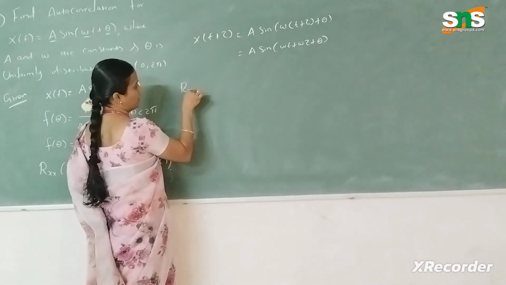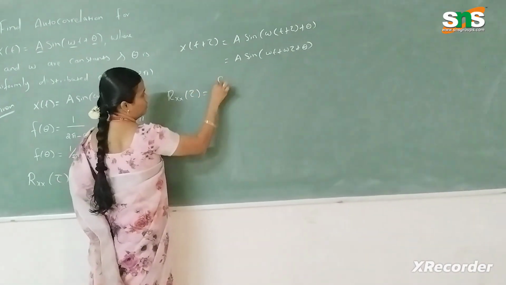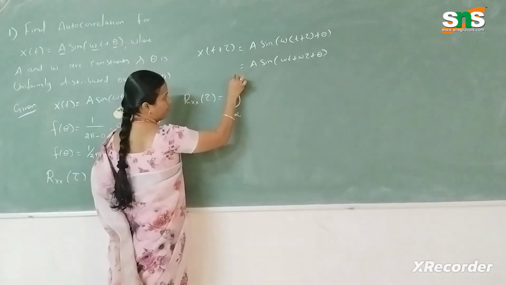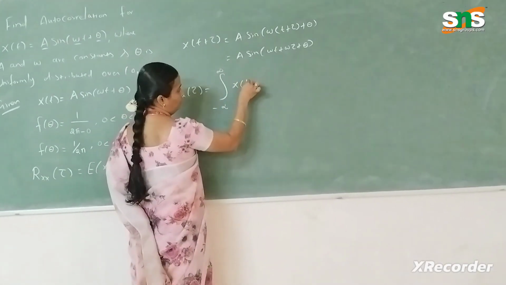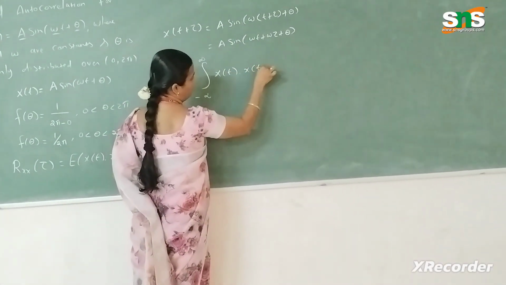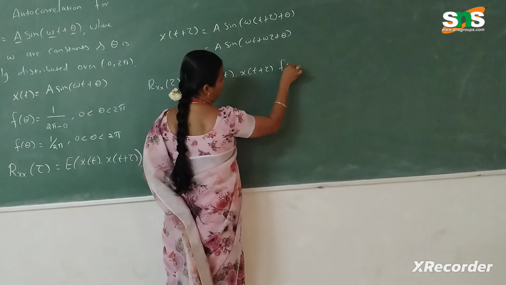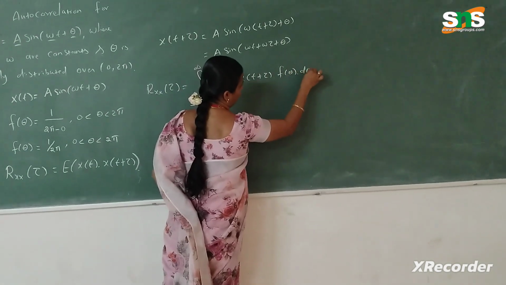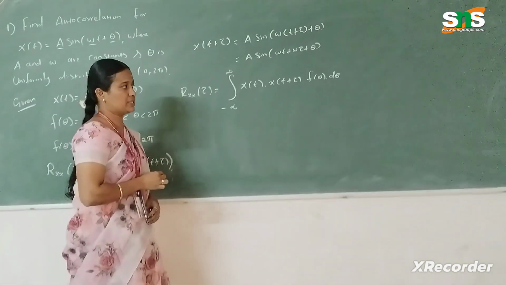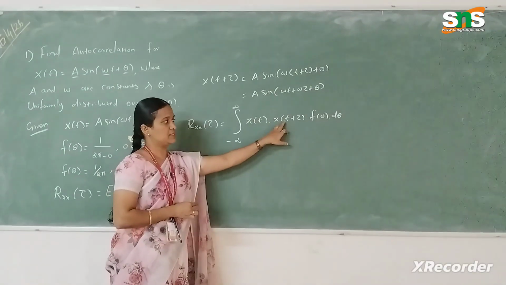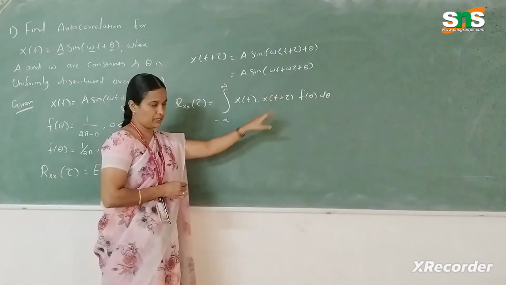Next I am going to calculate Rx of tau. It is given by the integral from minus infinity to plus infinity of x of t into x of t plus tau into f of theta d theta. This is the formula for autocorrelation function. Now I am going to replace x of t plus tau and f of theta.